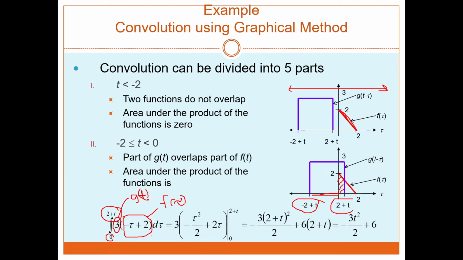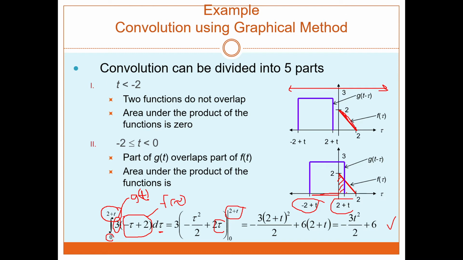So the integral of g(tau) d tau gives minus tau squared over 2 plus 2 tau. When you substitute tau with 0 and 2 plus t, you get this answer. Basically the area here is minus 3t squared divided by 2 plus 6. That is the second region.